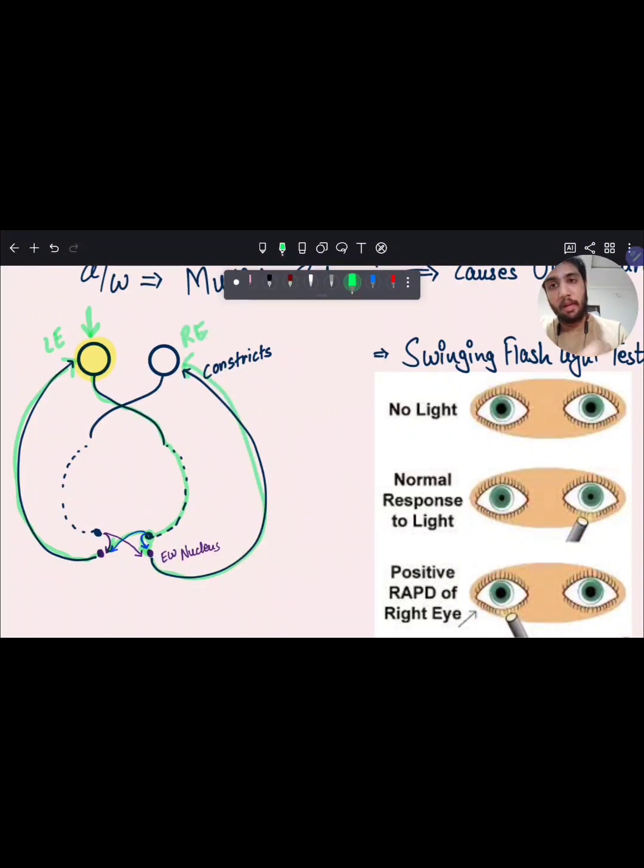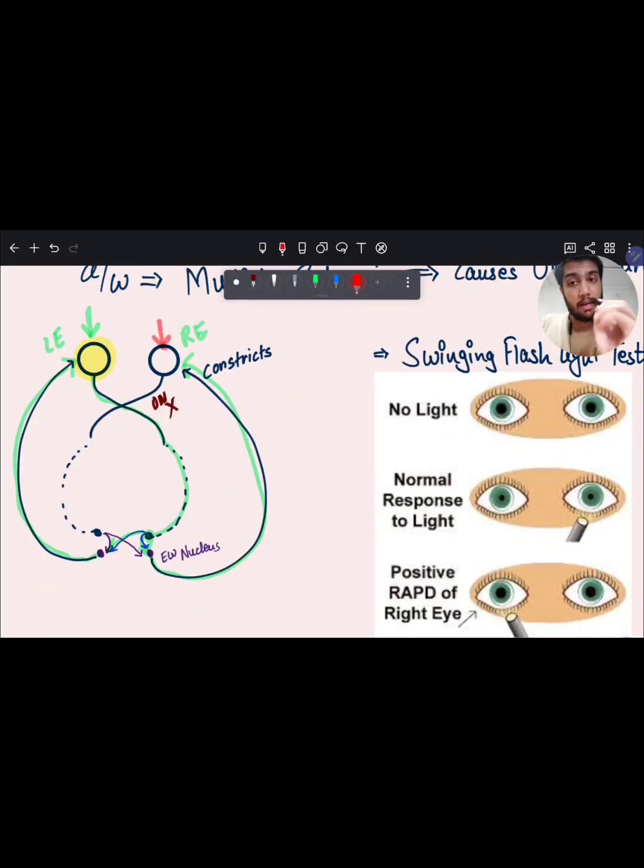Now what will happen if, for example, we have this right eye, which is, I mean, चलो यहाँ पे डिफेक्ट कहाँ पे है? चलो मान लेते हैं कि यहाँ पे ऑप्टिक नर्व में डिफेक्ट है. So now we are showing our light to the right eye. Left eye is covered.